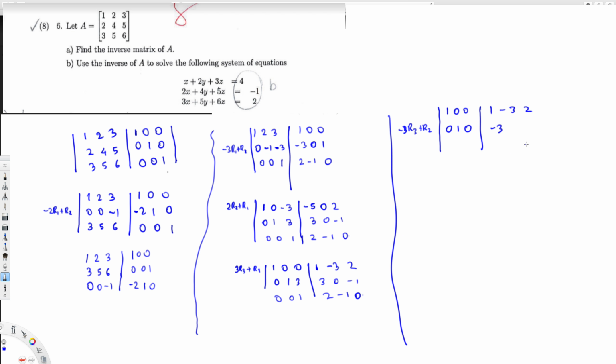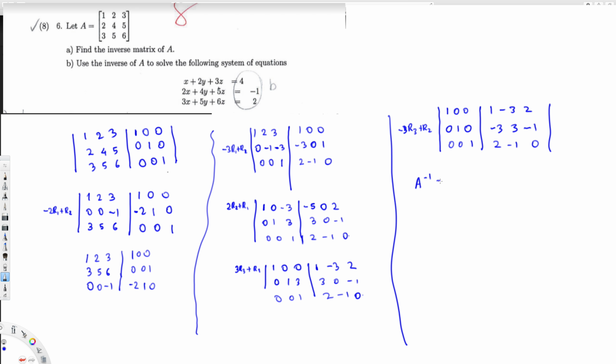Positive 3 plus 0 is going to be positive 3. Then negative 3 times 0 is going to be 0. 0 plus minus 1 is going to be minus 1. And that's the second row. And the third row is going to be 0, 0, 1, 2, minus 1, 0. And this is the final answer. This is the A inverse. So we solved this question.